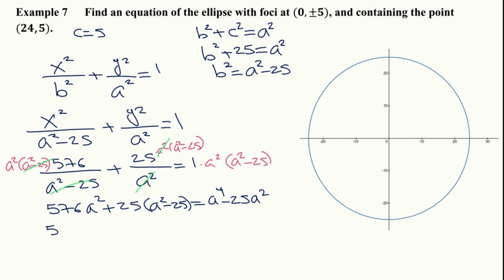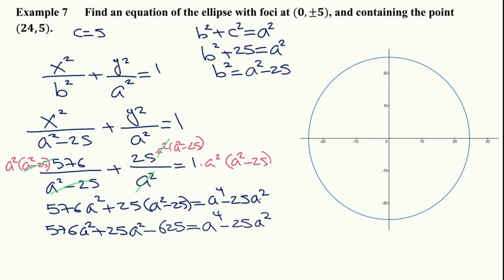So we get 576 a squared plus 25 a squared minus 25 times 25, which is 625, equals a to the 4 minus 25 a squared.